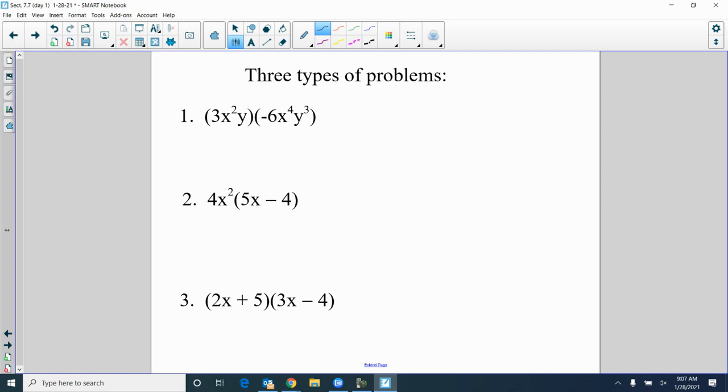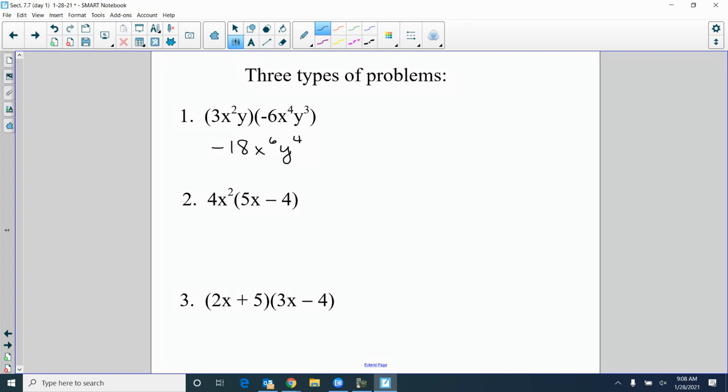This is a single term times a single term. When you have this case, you just multiply the constants together. You get negative 18. And then you do your exponents, x squared times x to the 4th, which is x to the 6th, y times y cubed, which is y to the 4th, because you would do 1 plus 3. So understand that is a single term times a single term.